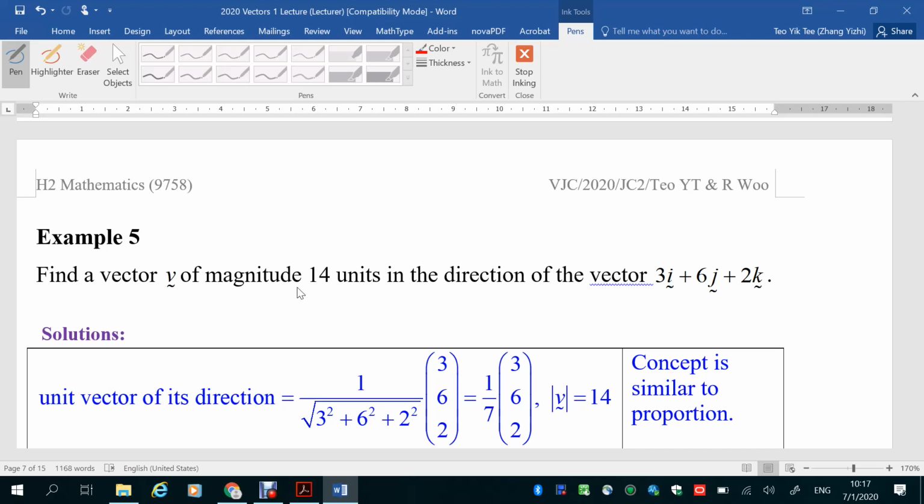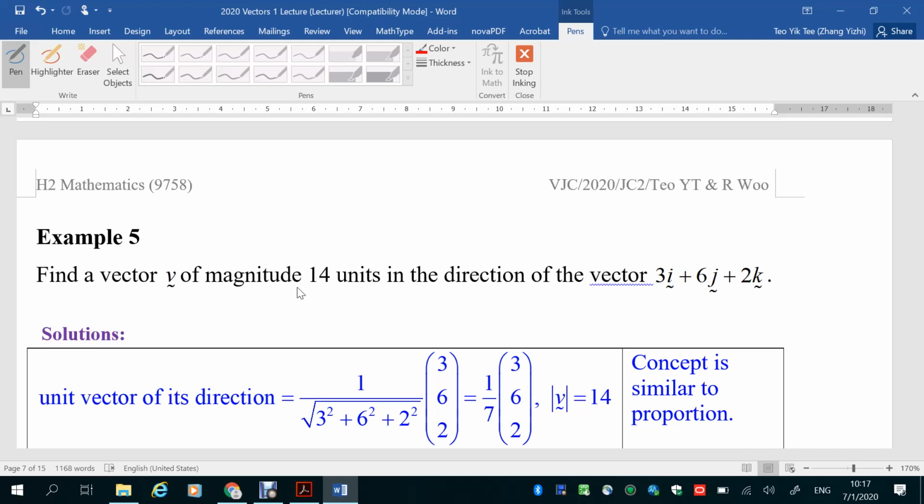For those who actually have no idea what is going on, listen to me now. I will start off with (3, 6, 2). I want to find the length of it. It's as good as finding the magnitude.